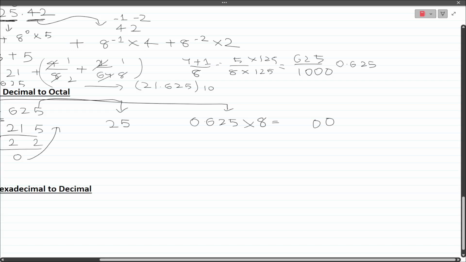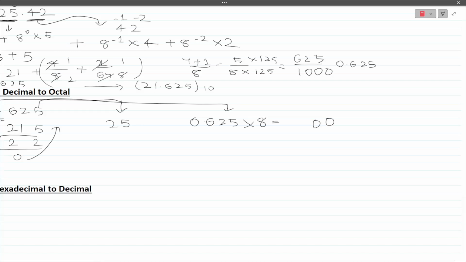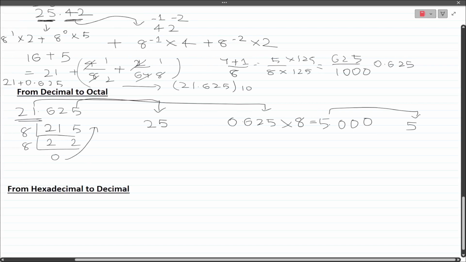0.625 into 8, okay. Directly I have got this. Just let me check. Here if I take the decimal part, it's 0.625.